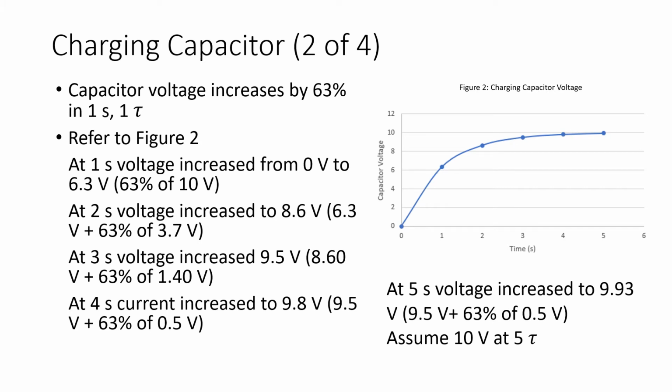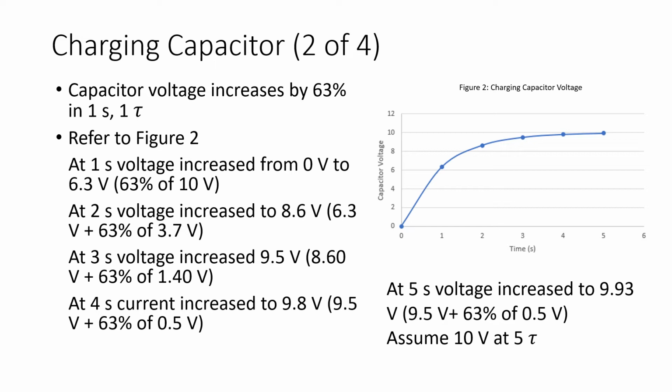Now in figure 2, we see a plot of the capacitor voltage as a function of time. Again, in one time constant, for the circuit of figure 1, this is 1 second, the capacitor voltage will increase by 63%. Referring to the plot in figure 2, at time 0, we assume the capacitor is initially uncharged.